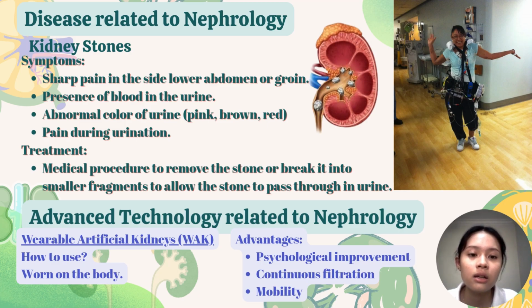It is more convenient because the patient doesn't need to go to the hospital often, and they can move more freely because it is not like a big machine in the hospital, and it is a continuous filtration similar to dialysis, and it can also improve the quality of the patient's lifestyle because they don't have to use a lot of time to go to the hospital and so on.